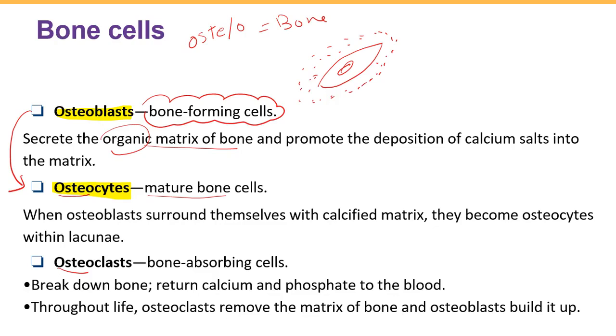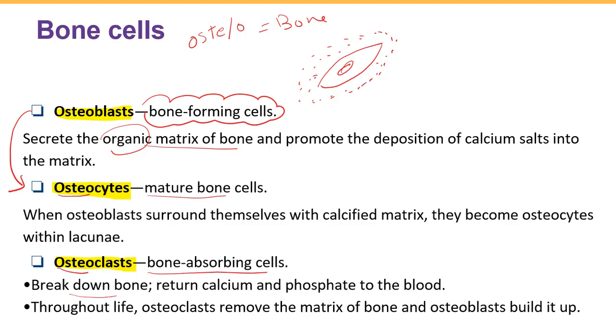But we have another bone cell which actually destroys the bone matrix, or breaks down the bone matrix. It seems very harsh, but actually we need it, because when we want to form a new bone, we actually need to destroy the old bone, right? So these cells are bone absorbing cells, breaking down the bone matrix.